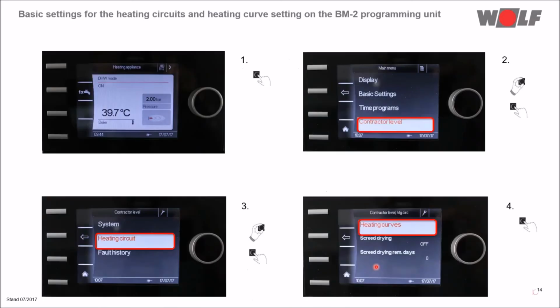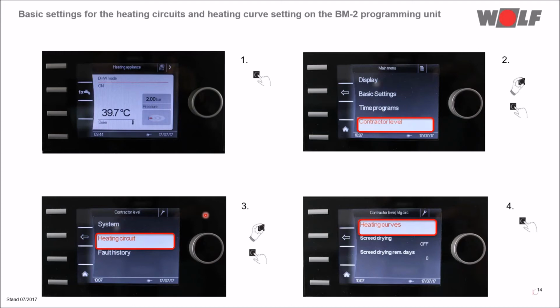Let's have a look at how to set the heating curve on the BM2 programming unit. Pressing the rotary selector once opens the main menu. Turning the rotary selector takes us to the contractor level. The contractor level is opened by pressing the rotary selector again. This is where the contractor code has to be entered.